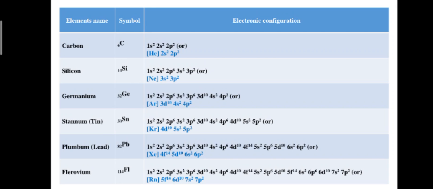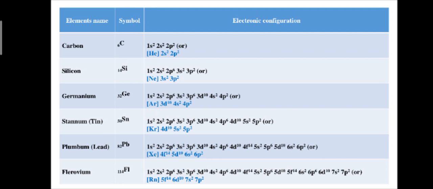Electronic configuration of carbon group elements. The atomic number of carbon is 6. Its electronic configuration is helium configuration 2s2 2p2. The atomic number of silicon is 14.